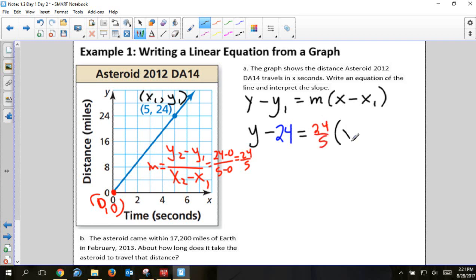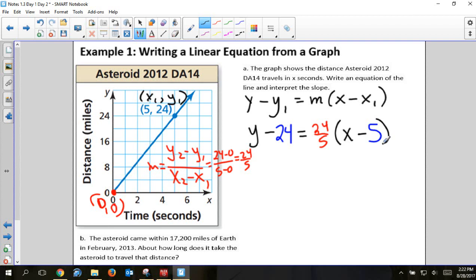Then you have parentheses, you leave x minus there, and you put in x1, which was 5, and close parentheses. So that's point slope form. And then I didn't leave a whole lot of space there. I'm going to write kind of small, or just right out to the side, because we're going to run out of space, I promise.